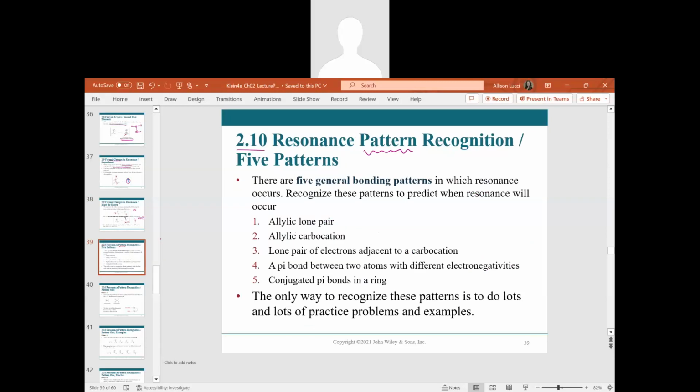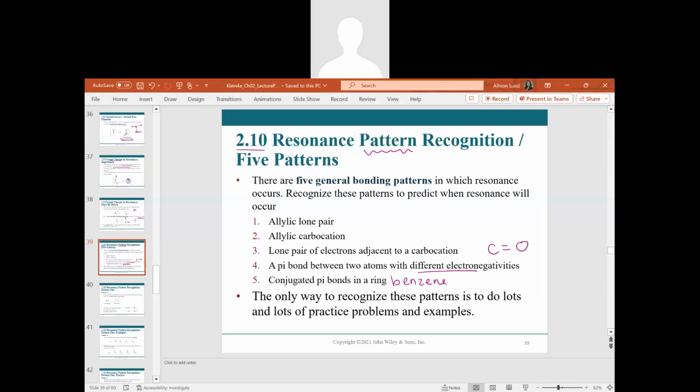So we have allylic lone pairs, allylic carbocations, a lone pair that is adjacent to a carbocation, a pi bond between two atoms that have different electronegativities. We're going to see a lot of this, carbon-oxygen. And then we have conjugated pi bonds in a ring. So benzene comes to mind, right?